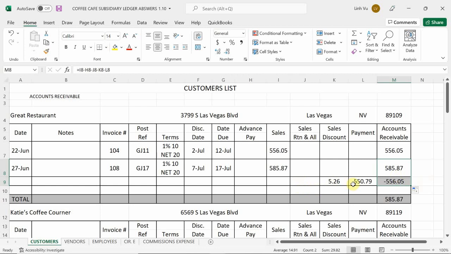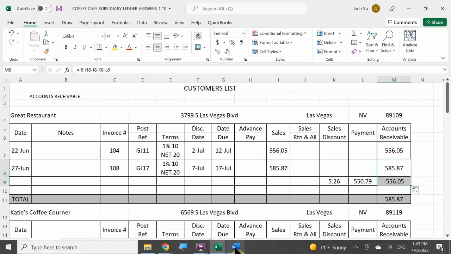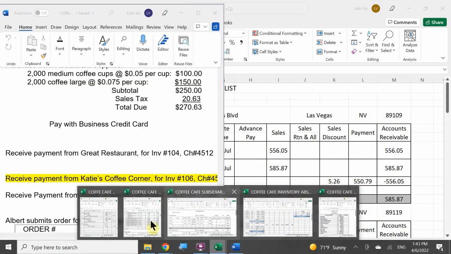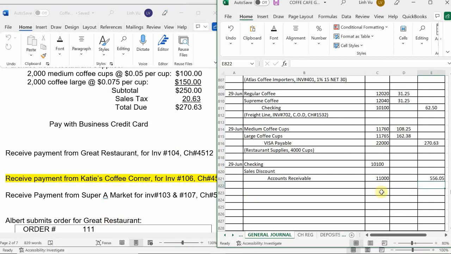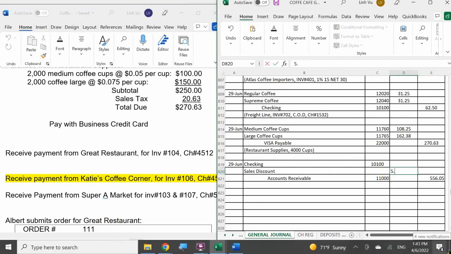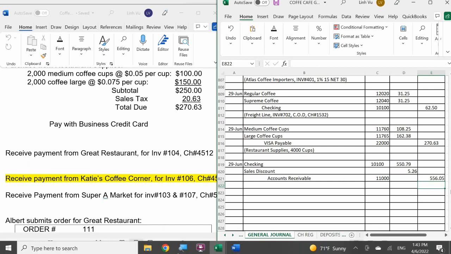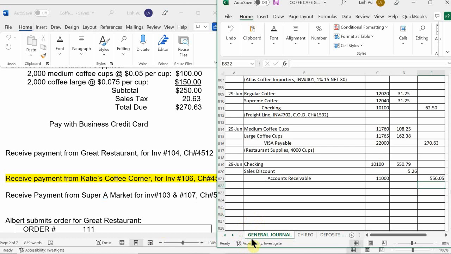So in this case, I should be receiving the amount of $550.79, and the discount was $5.26. Okay. So in this case, what account number is my sales discount?